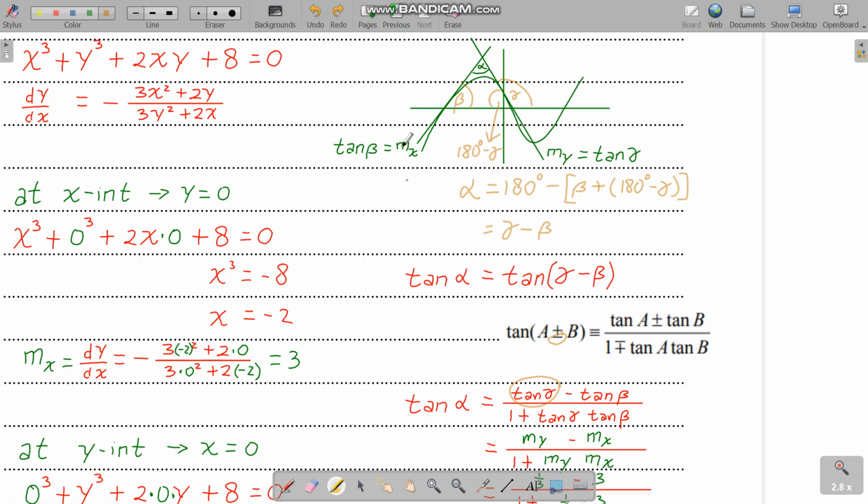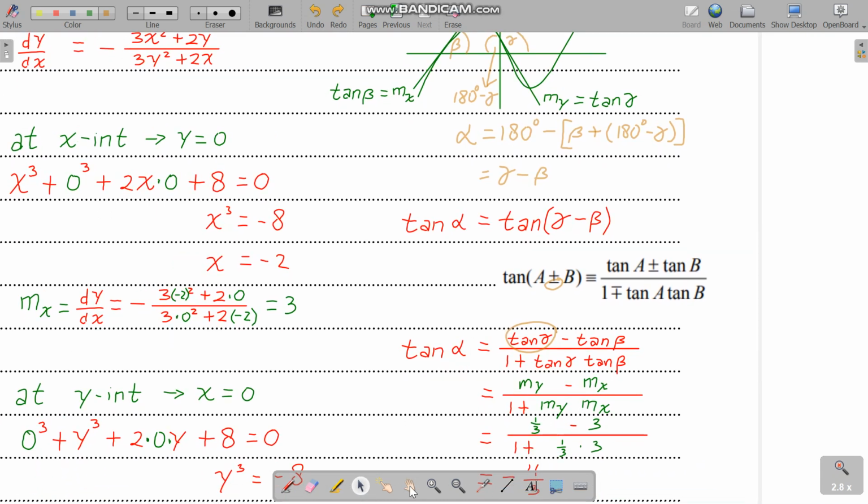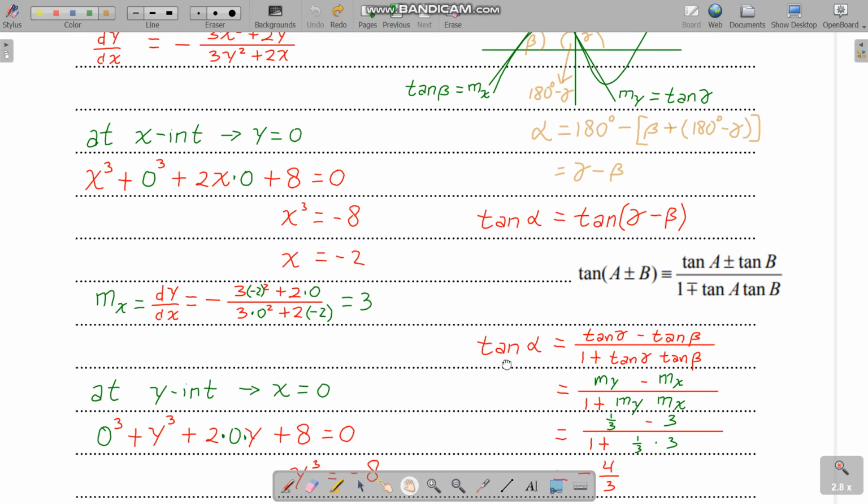And tan beta is the gradient of this tangent line passing through the x-intercept. Let's call it mx. So we need to find my and mx in order to find the value of tan alpha.